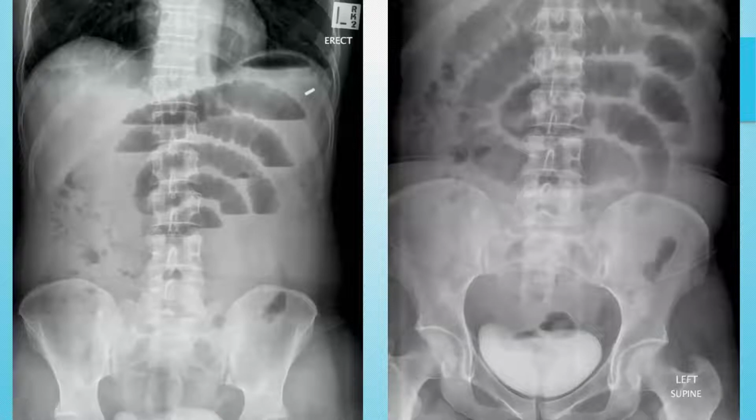So what's the commonest cause, EJ, of small bowel obstruction in surgical patients? So causes of small bowel obstruction include... commonest cause. Is it strictures? I know malignancy is one of them.